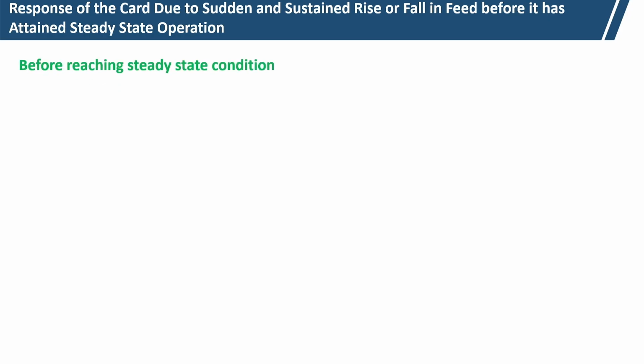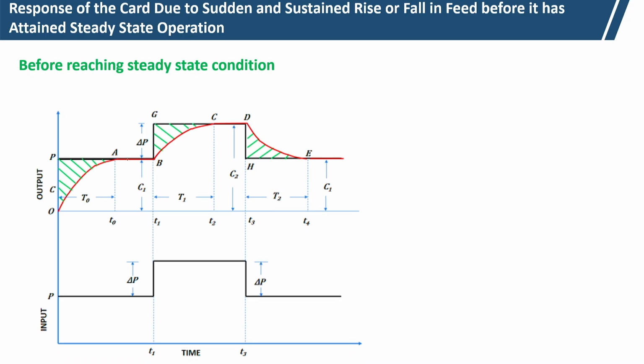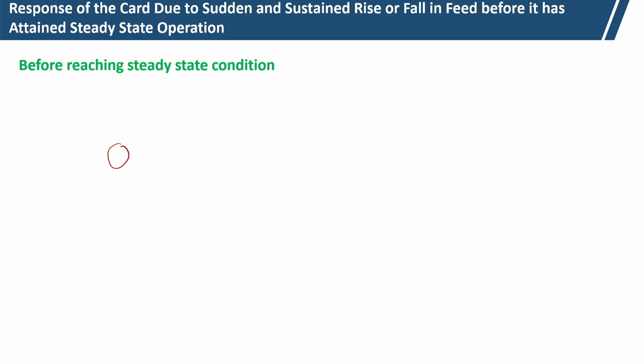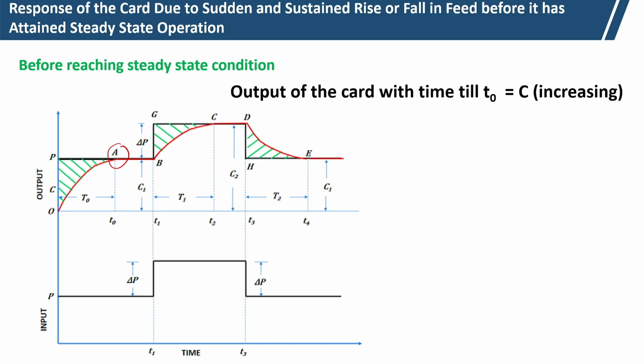So, before reaching the steady state condition, what happens? When we start feeding, the cylinder, the total card machine, will get loaded with the fiber. So the output of the card will not increase immediately to level P. It will take time.